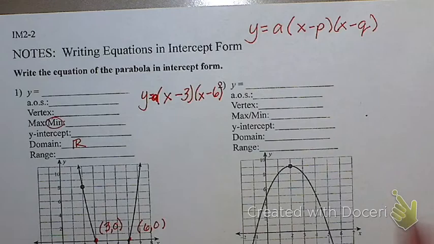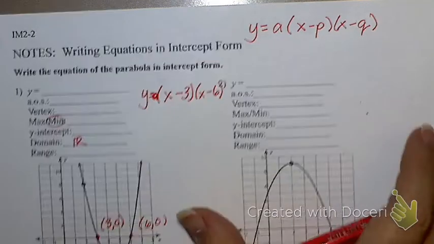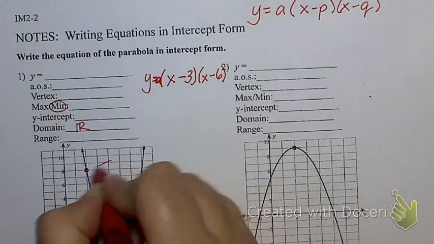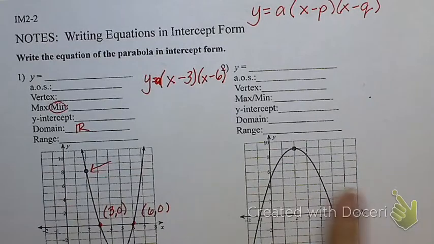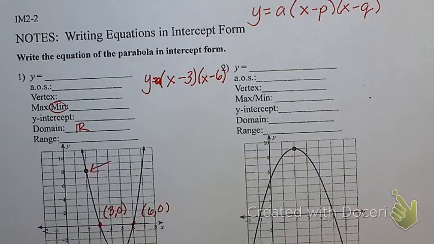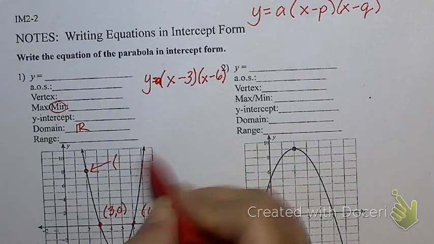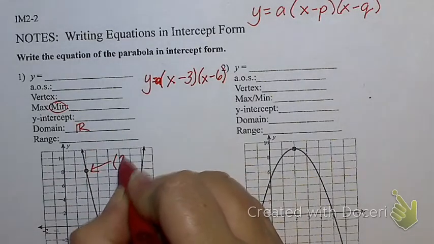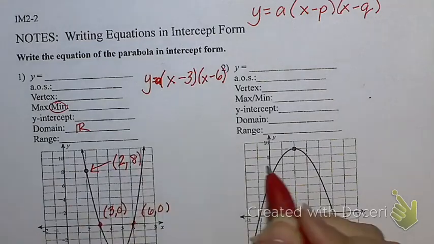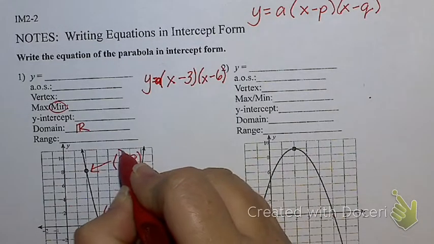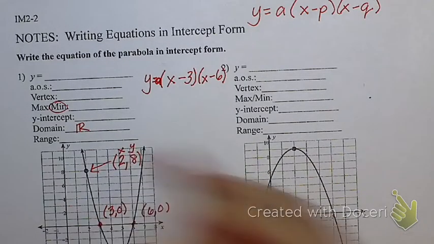Okay? Now, how do I find out what a is? Well, that's where this extra point comes in. If you notice on all of these graphs, there's an extra point that I plot for you. What are the coordinates of the point that I plotted for you there? (2, 8). And if I look at that point, I have an x value and a y value.